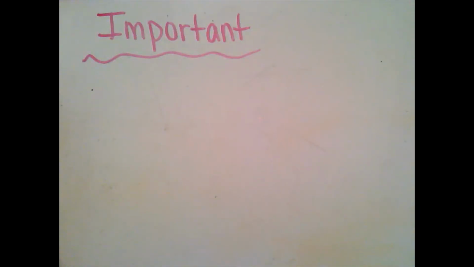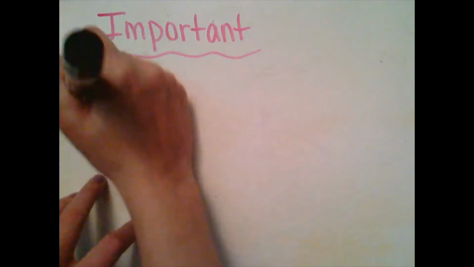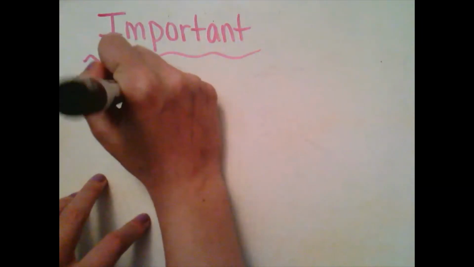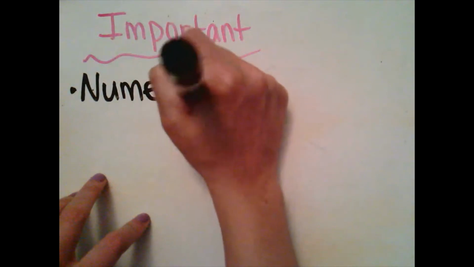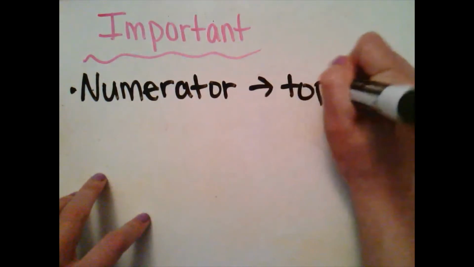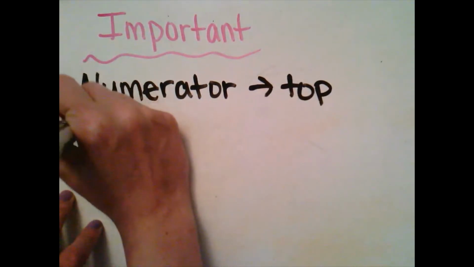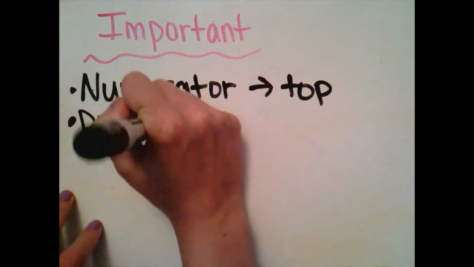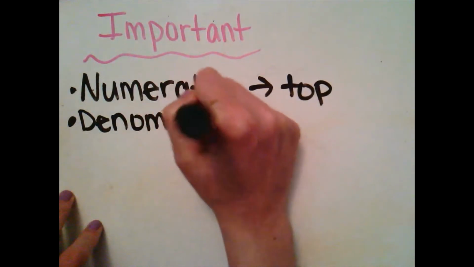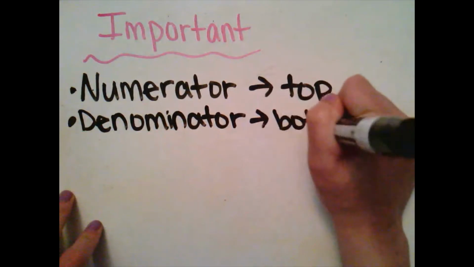So what are some important things to remember about fractions? First, we need to remember that there are 2 pieces to them. We have our numerator, which is our top number. Put an arrow and say top. And we have a denominator, which is our bottom number.